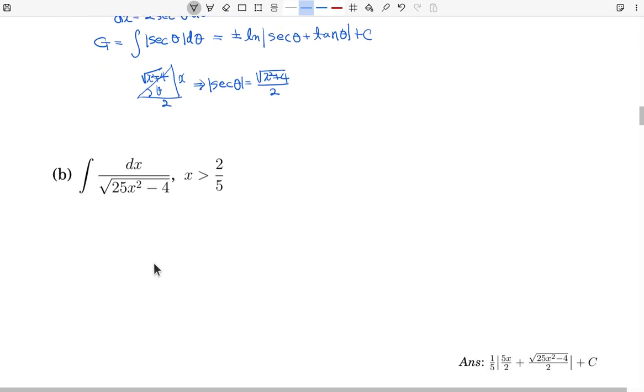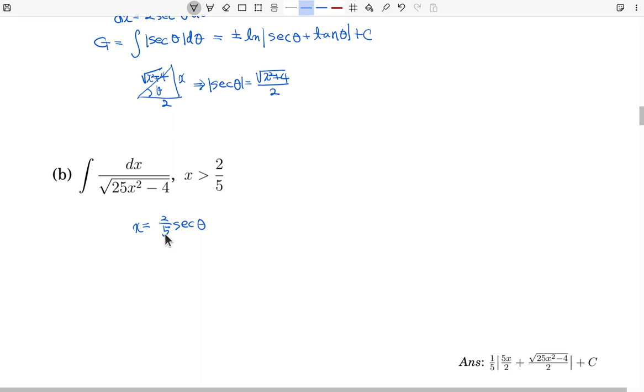Now for that one, this whole term must be larger than or equal to 2. That means, if we choose x equal to, let's say, 2 over 5 times sec theta, then sec theta is larger than or equal to 1.